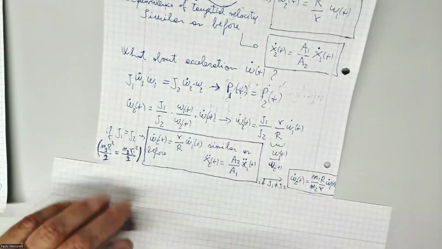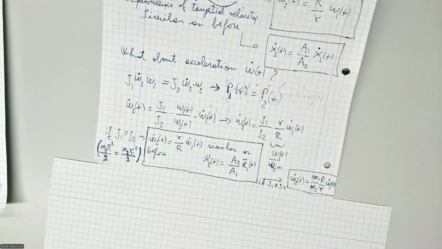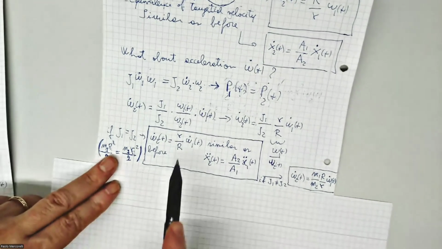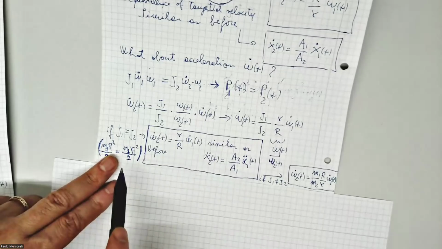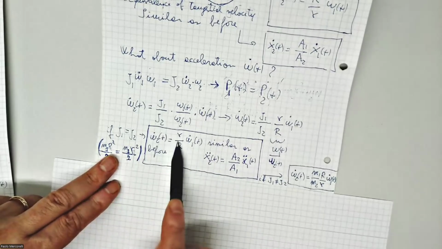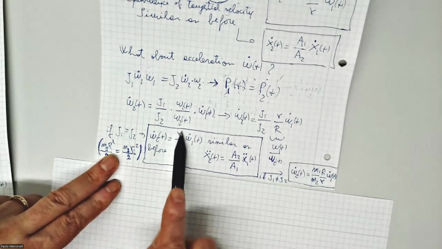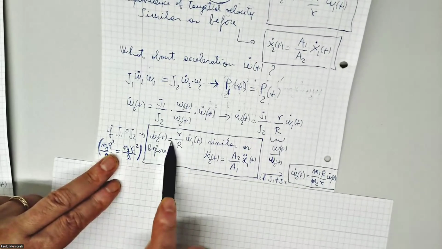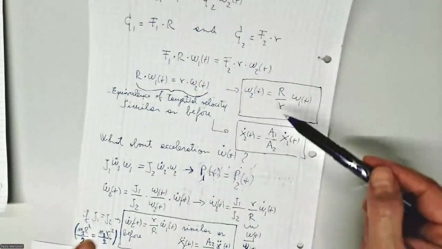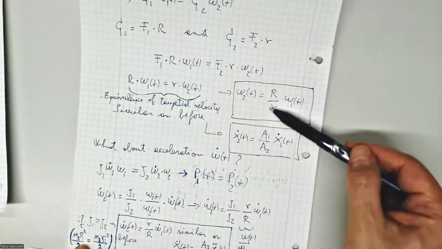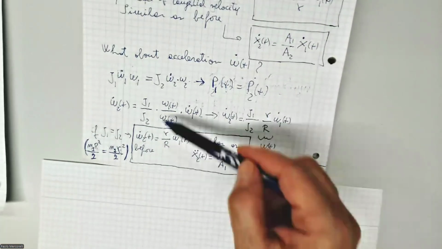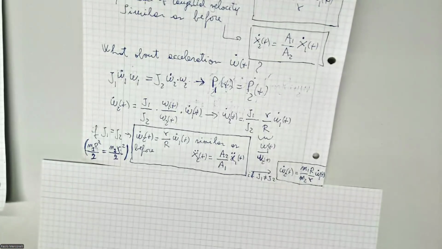But of course, if the inertia is the same, which in this case means different material, we can obtain a similar expression as before, which is inverse with respect to the expression of the velocity. Exactly what we have seen in fluid, where we have the inversion of the surface.